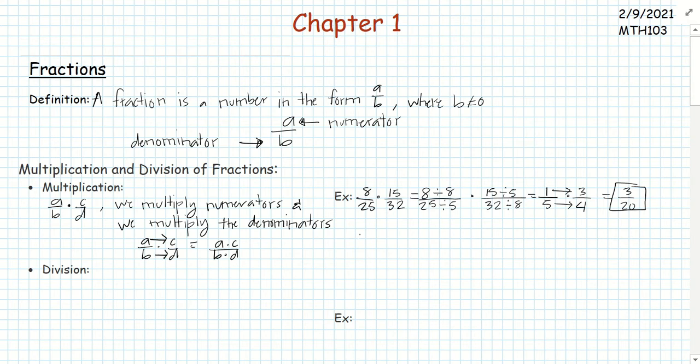Now this one's going to be a little bit longer because it's going to require us to do an extra step. So we have for this one 3 3/4 times 2 wholes and 2/3.